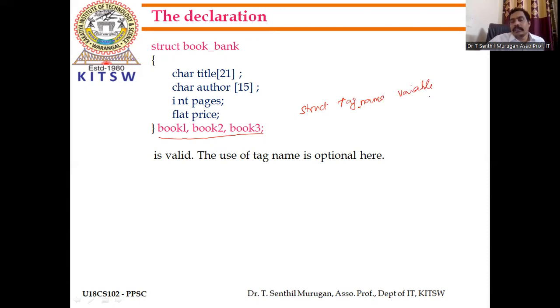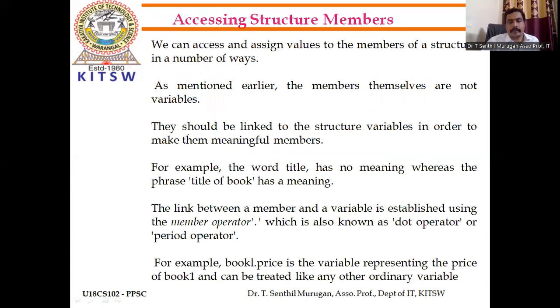First we define the structure, then we create the variables, and based on the variables we can access the members. But in the other method, before the semicolon you can directly use variable names separated by commas. C permits this also. In this situation you don't use the struct name here, so you can directly give the variables.